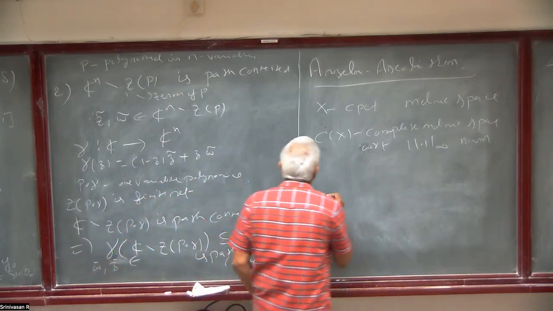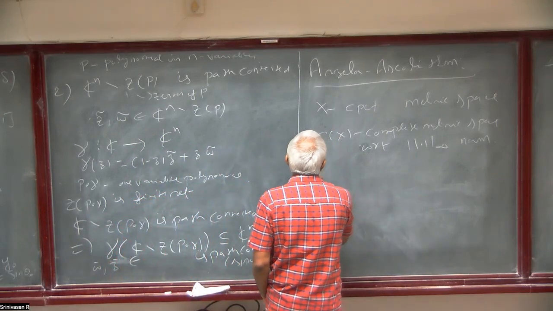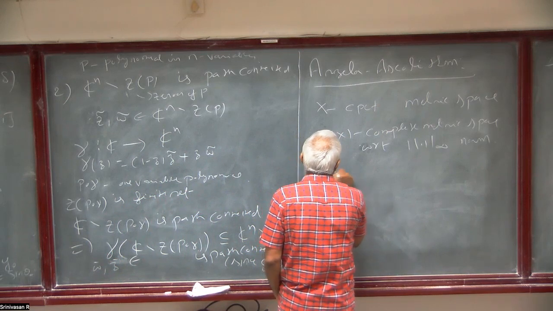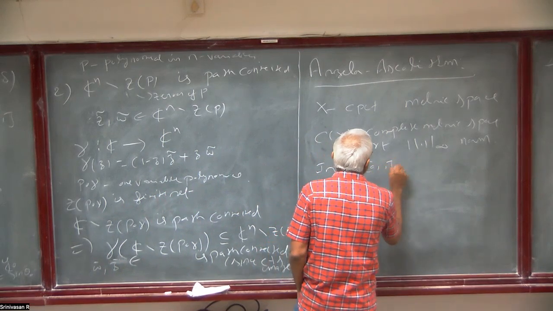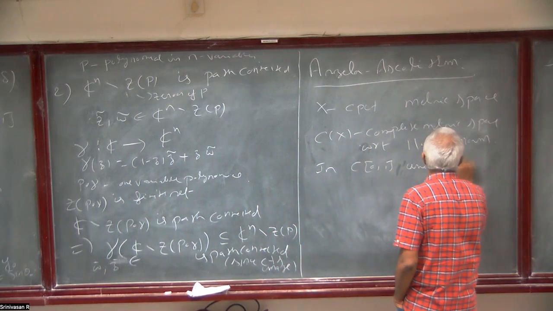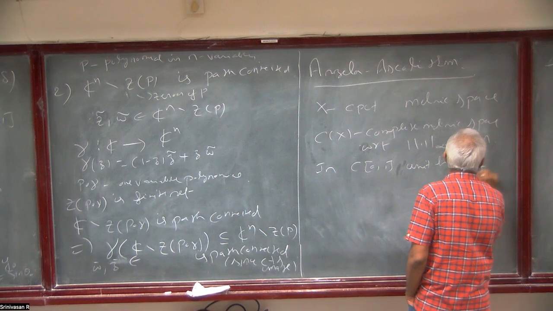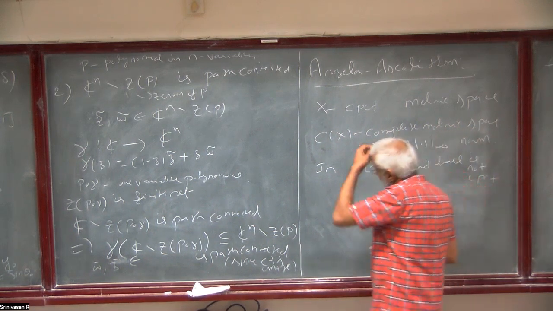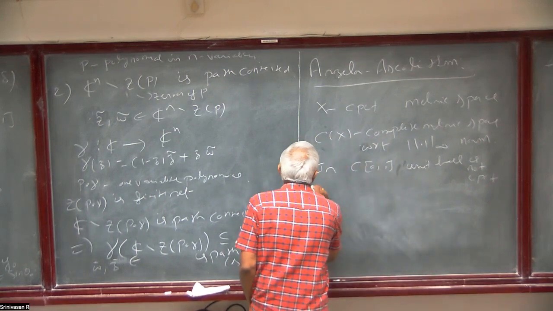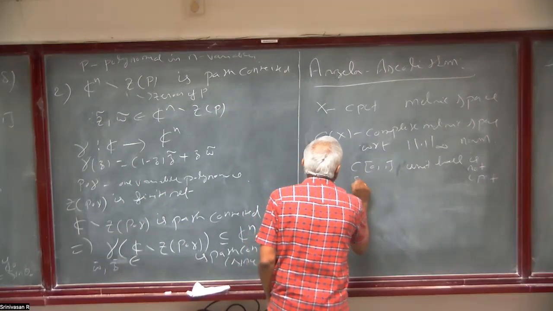For example, in C[0,1], the unit ball is not compact. We have already seen this, I'm just recalling. Even bounded sets are not compact. One example we have seen is x power n.